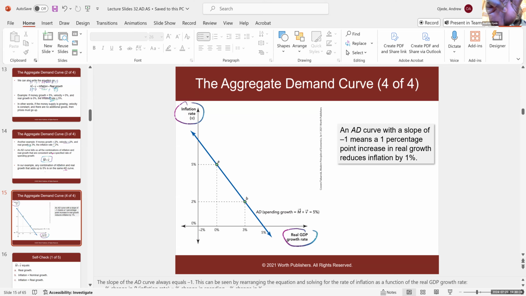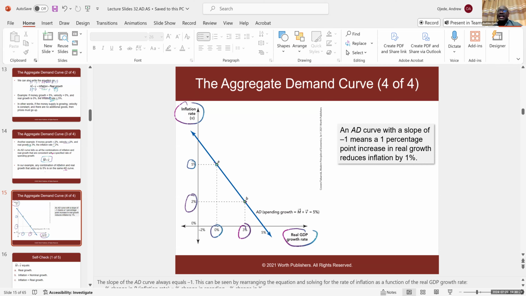Any combination of inflation and real GDP growth that adds to 5% in this case means that point is going to be located on that aggregate demand curve, like a combination of 5% growth in real GDP and 0% inflation, or a combination of 2% inflation, which we did solving a problem, and 3% growth rate in real GDP. You end up at point B on the demand curve.